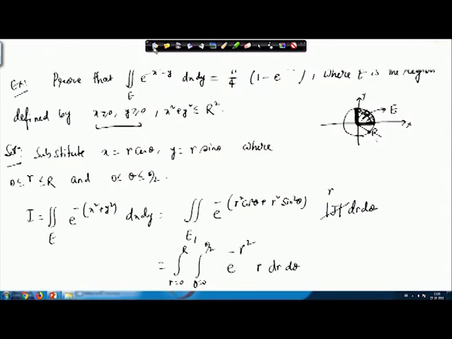Now I can substitute t instead of r square, and like what we did in the previous example, we can do the same thing here. We first write the integral from 0 to pi by 2 of d theta, then the integral from 0 to capital R of e to the power minus r square dr, and then we substitute r square equals t and transform this whole thing into a function of e to the power minus t.